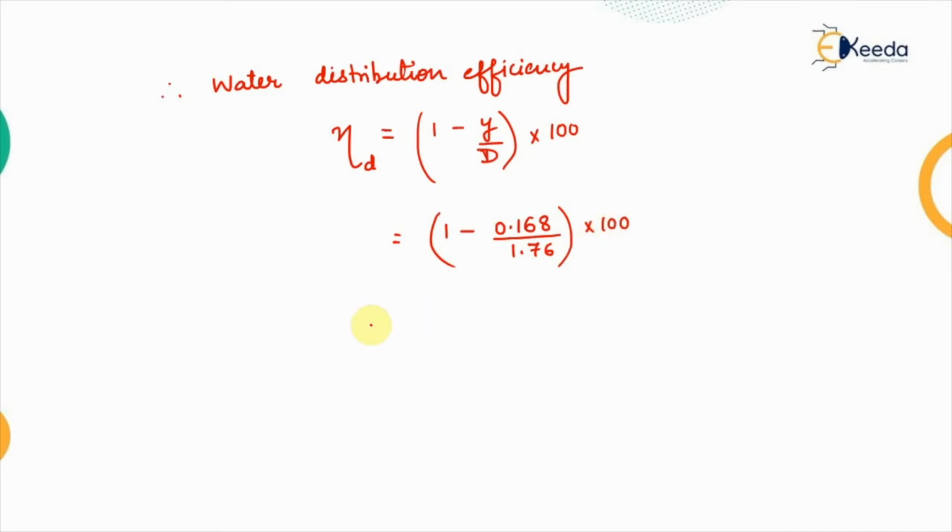If we solve this, the value we get for the water distribution efficiency is 90.5%. That represents the uniformity coefficient, meaning how uniformly the water has penetrated throughout the width of the border strip. This completes the first problem.